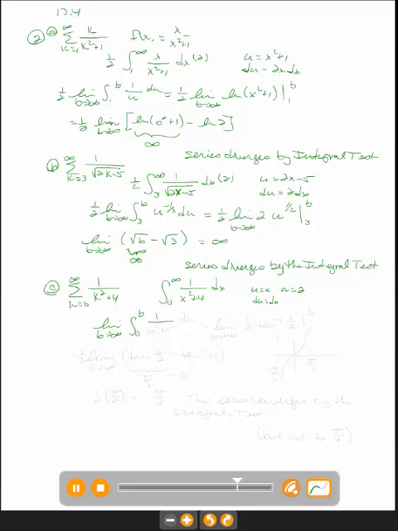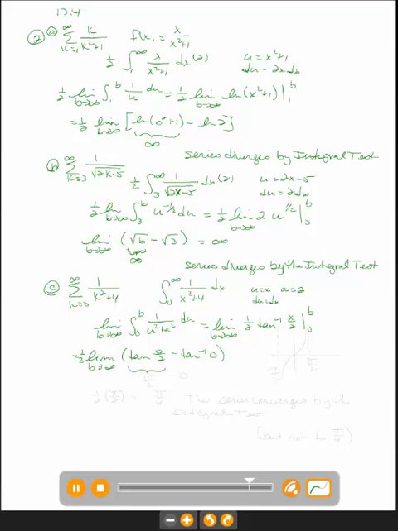So this is going to be 1 over u squared plus a squared, which turns into the limit as b goes to infinity of 1 over a, so 1 over 2 arctan of x over 2 from 0 to b. Put the 1/2 in front, limit as b goes to infinity. This is going to be the arctan of b over 2 minus the arctan of 0.